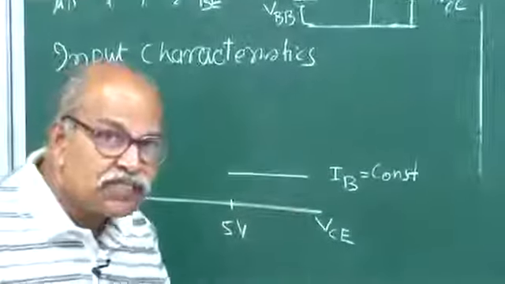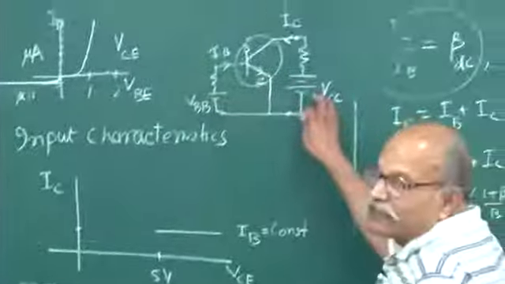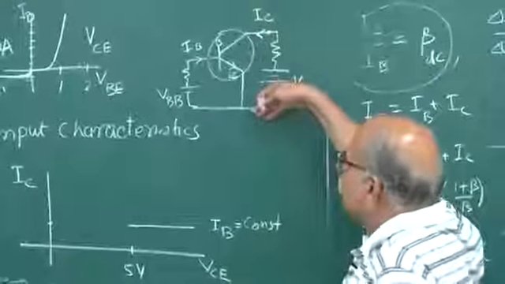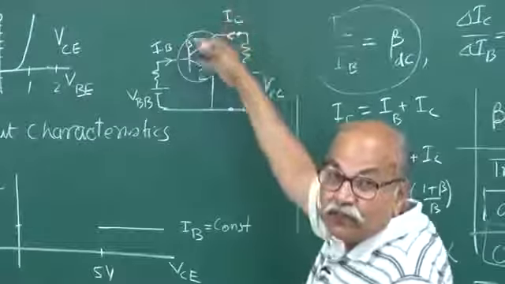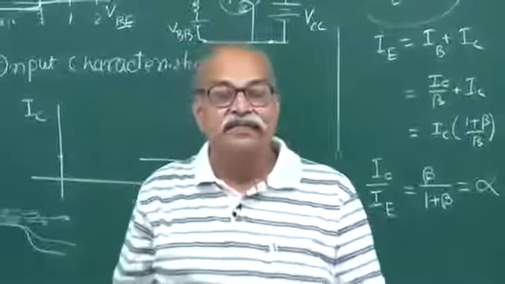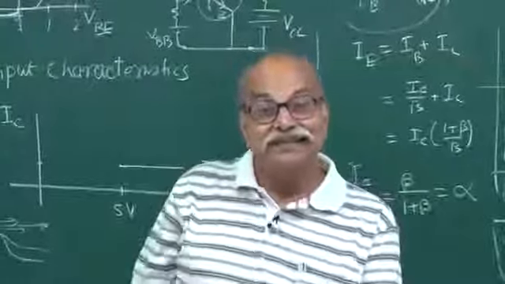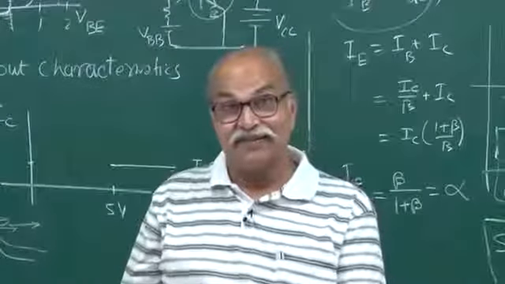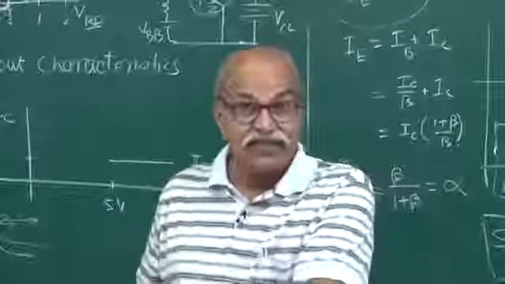And if we reduce this VCC, if you reduce this VCE and this VCB, then at a certain stage it may not be able to draw beta times IB current, because it may not be able to draw that fraction of electrons into it.